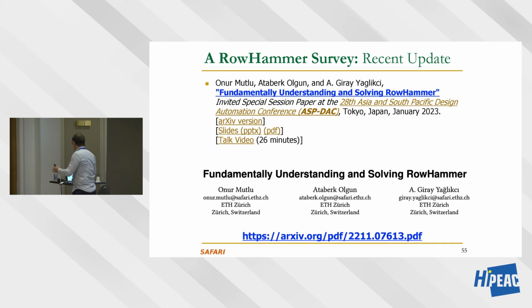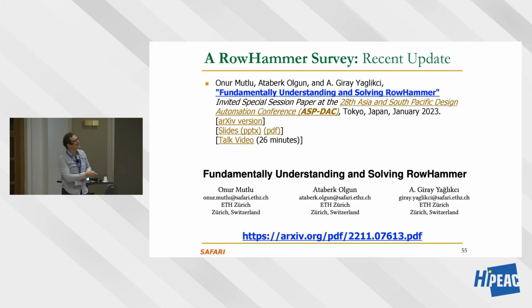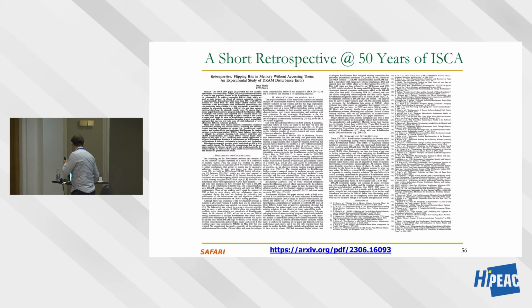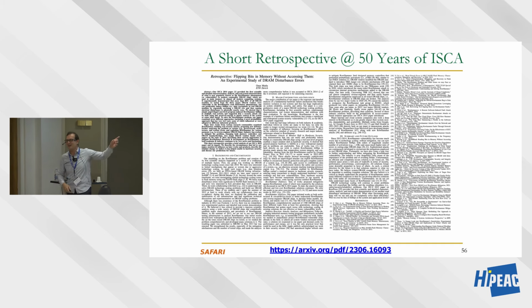This is not meant to be an extended version of it, but it's a shorter description of what is happening in Rowhammer. Again, this is still outdated, as you can see. It's January 2023, because other things have happened in 2024 that we're going to talk about soon. And we also wrote retrospectives in that issue that I mentioned. If you're interested in a very short introduction to Rowhammer history, this is the thing to read, because as you can see, it's only 1.5 pages.